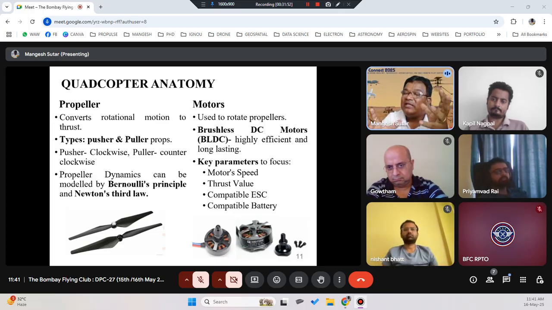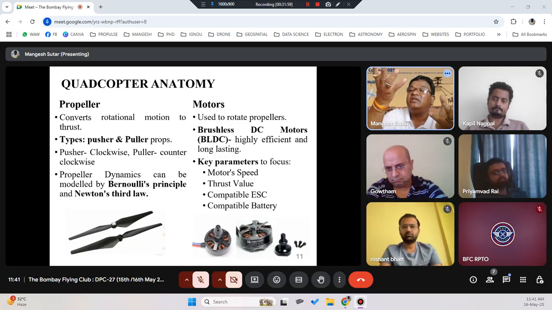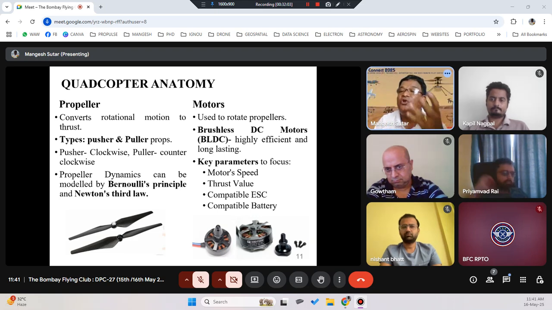But I will not certify my drone to say that it is capable of picking 40 kg of weight. When we design, we always divide by 2. So I will say my drone is capable of 20 kg.